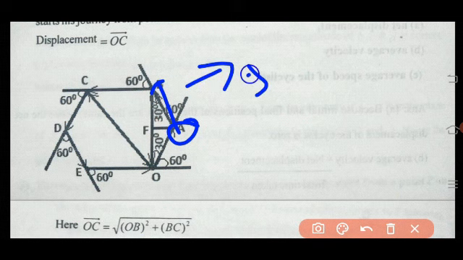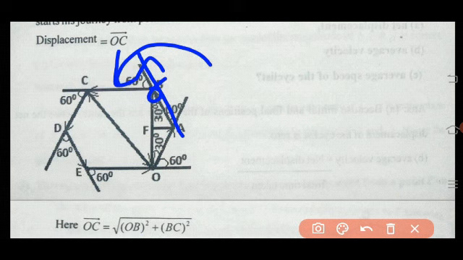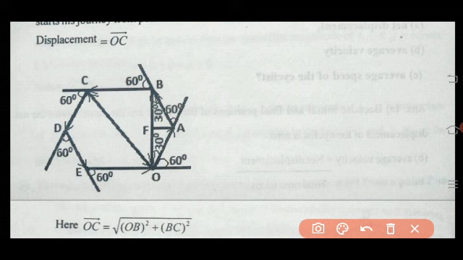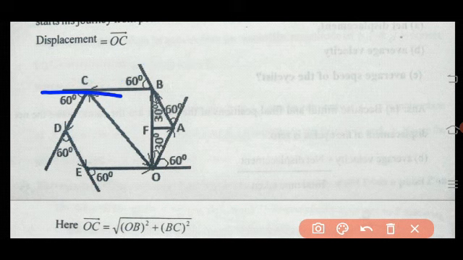After reaching point B, once again, instead of going straight, he takes a 60 degree left turn. Then from B to C, that is 500 meter. Once again, instead of going straight, he takes a 60 degree left turn.